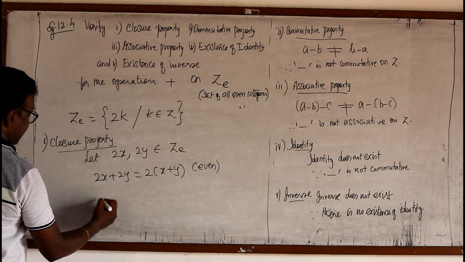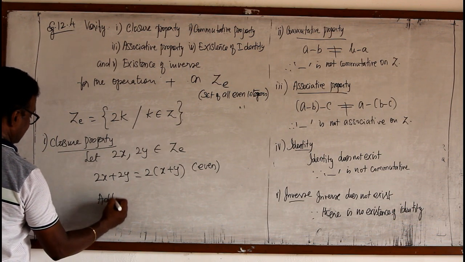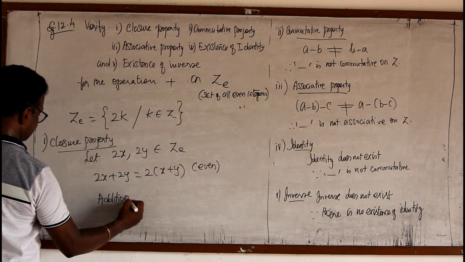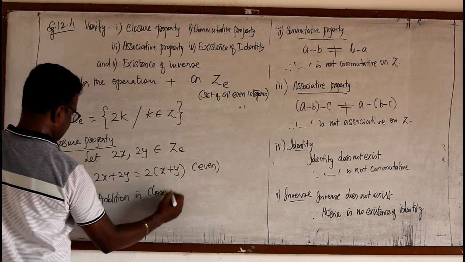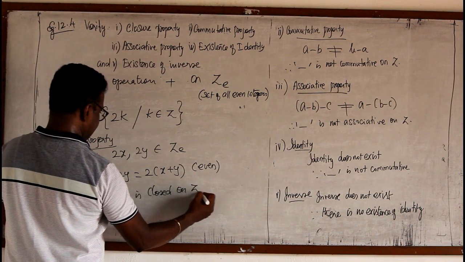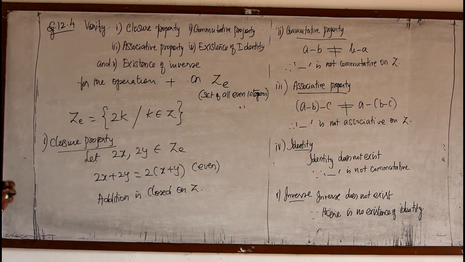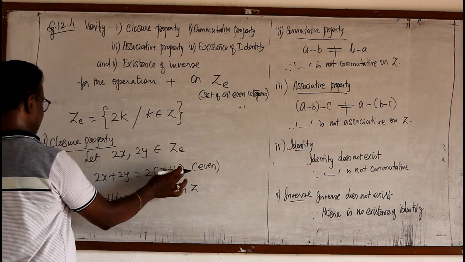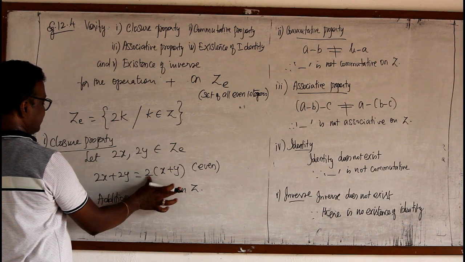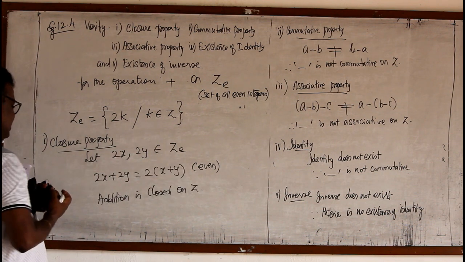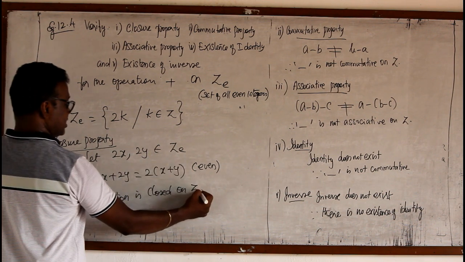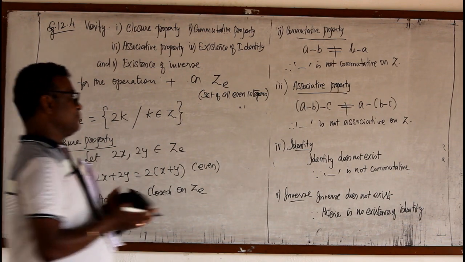Therefore, addition is closed. As addition is closed on Z, when I take 2x plus 2y, 2 into x plus y, even if x plus y is odd, when it is multiplied with 2, it will become even. So definitely this belongs to ZE. So addition is closed on ZE.